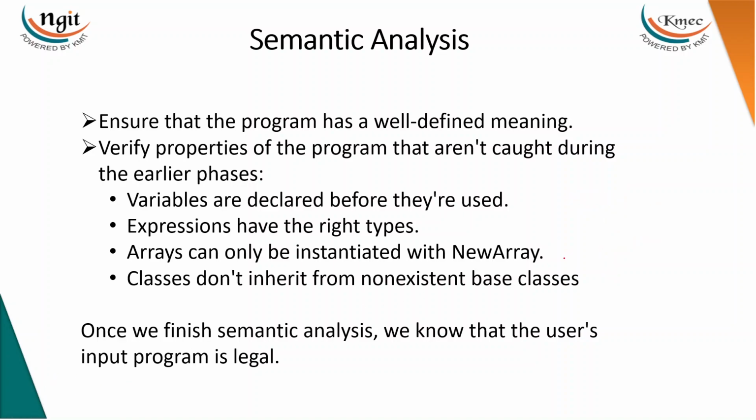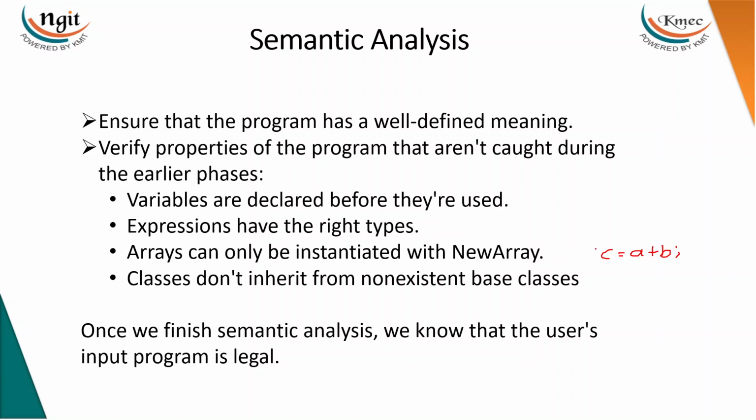When it comes to syntax analysis, for example, if you have written a statement like int a, b; and the semicolon is missing, it is not a lexical error, but that will be caught in the syntax analysis phase.